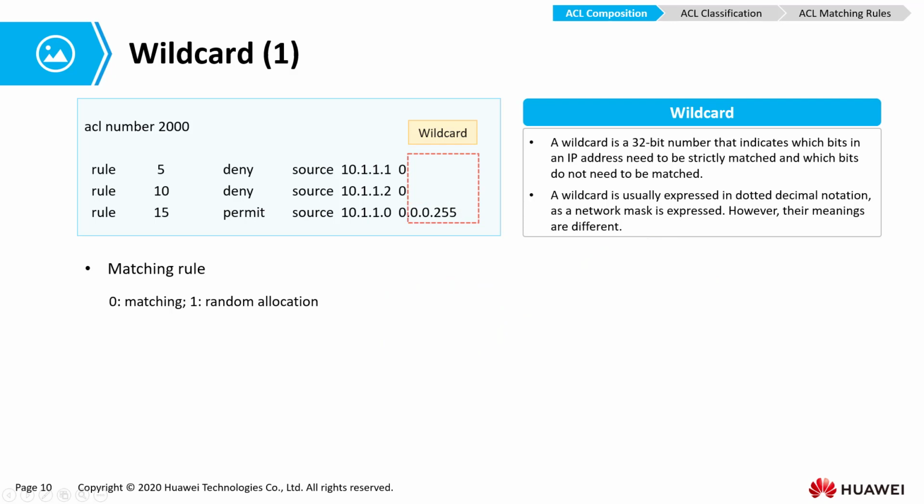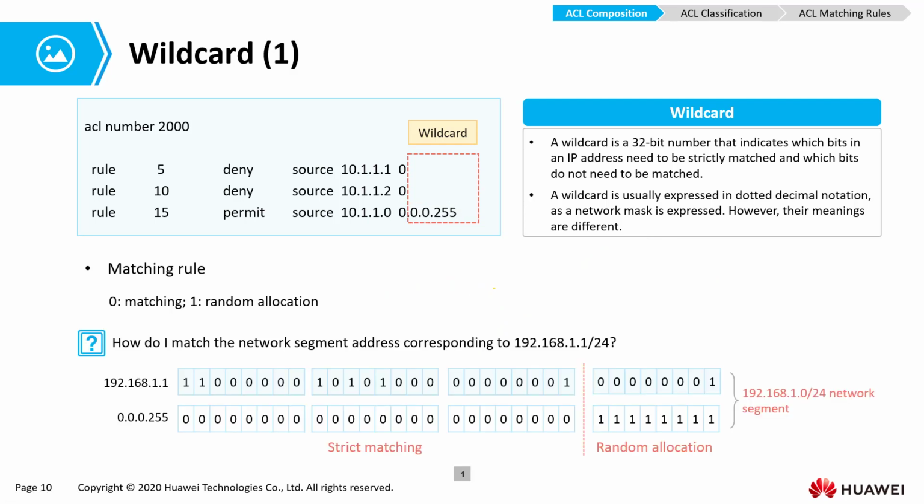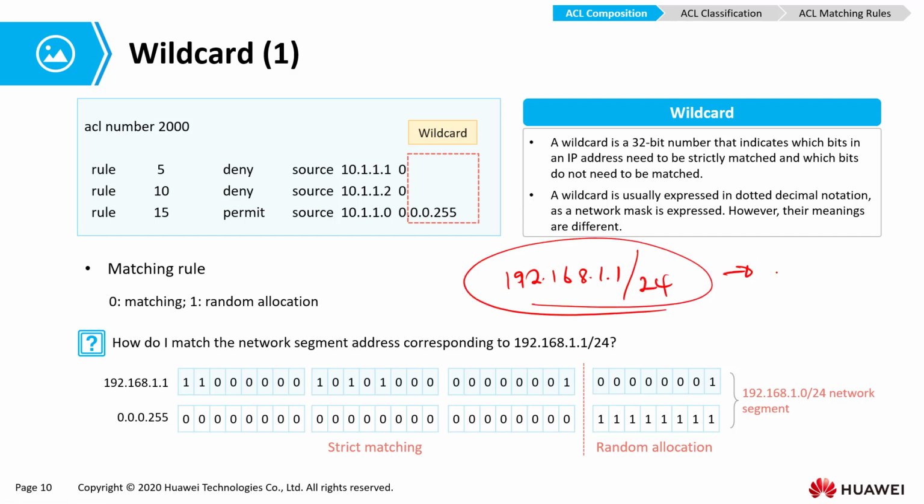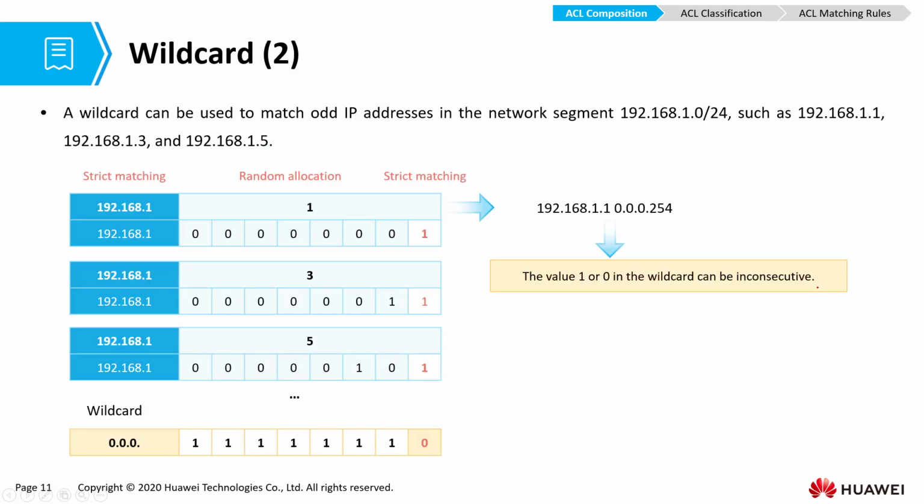For instance, if you wanted to match the address 192.168.1.1 with a 24 subnet mask, this will be matched by 0.0.0.255. If it was with a 32 subnet mask, it will be matched by 0.0.0.0. That is what a wildcard mask is.